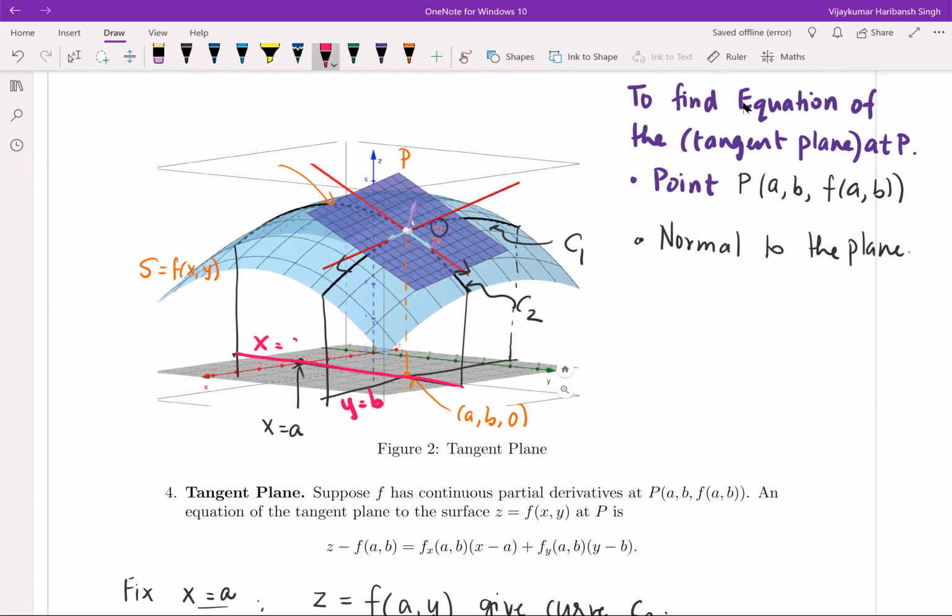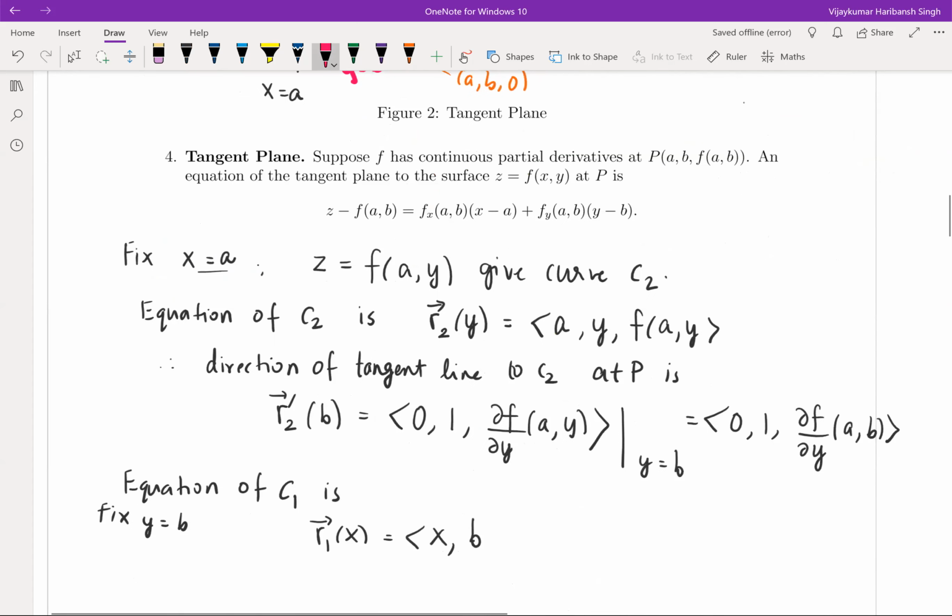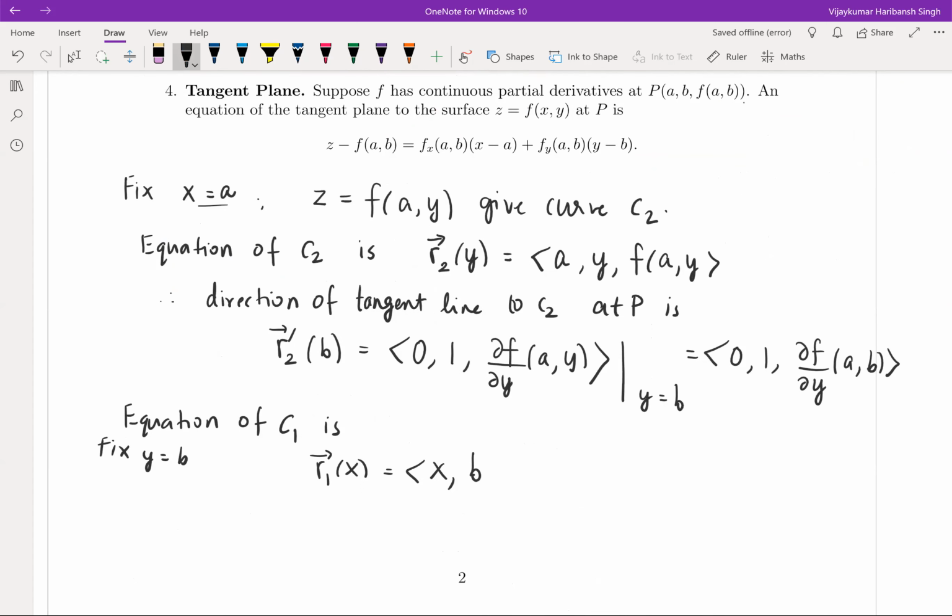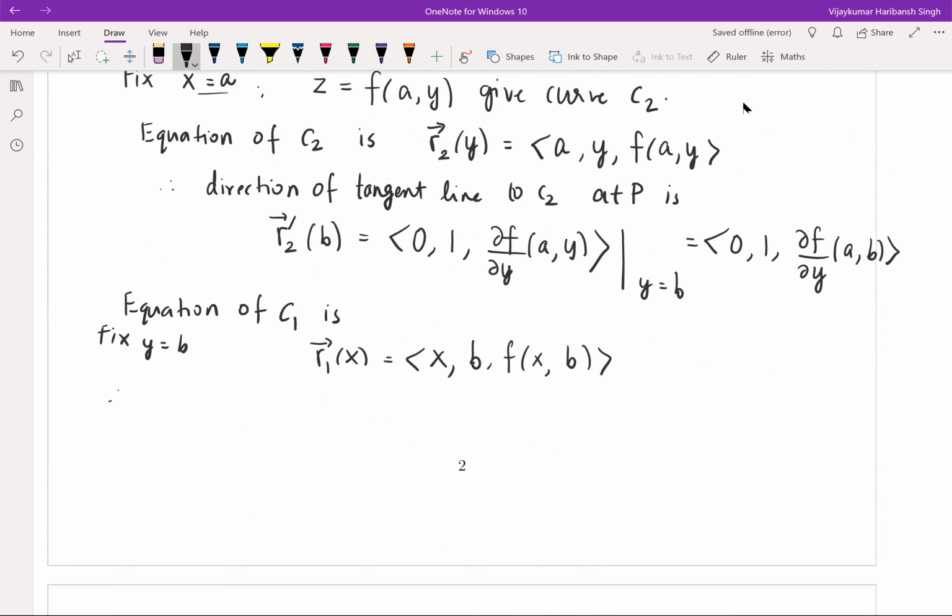So let's just label those things. So we get this is f of y is fixed b and x is changing, and therefore direction of T1 is R prime of x.